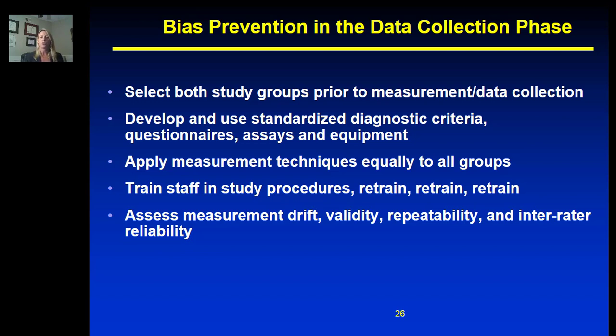This can be performed during the conduct of the cohort study to assess for any differences as a function of time, change in staff, or change in population that can affect our measurement.